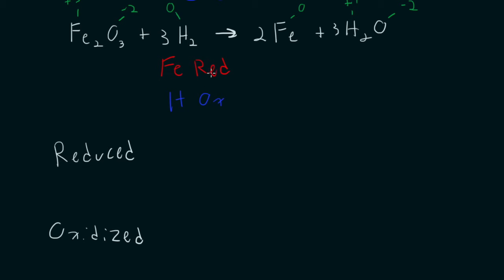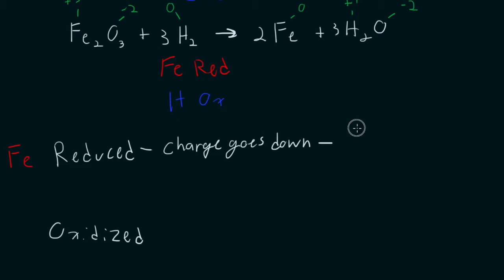So iron is reduced, but iron is reduced by the hydrogen. The hydrogen is oxidized, but the hydrogen gets oxidized by the iron. So we could say that in this reaction, just for our example here, our iron is reduced, which again means its charge is lowered. And the iron also played a role in oxidizing the hydrogen.